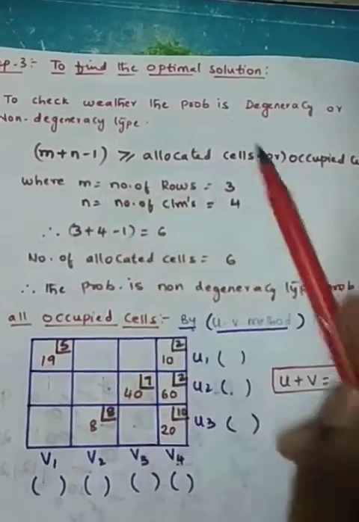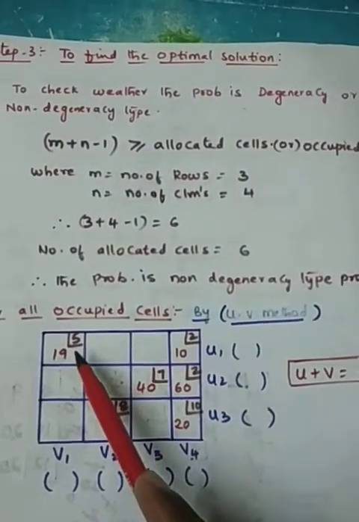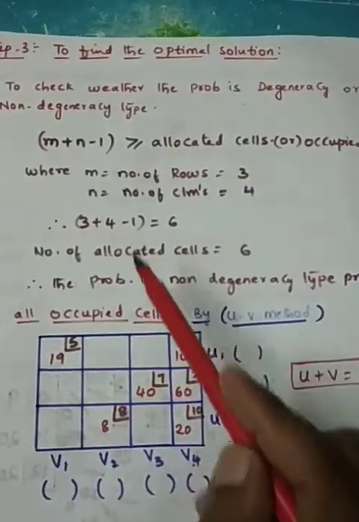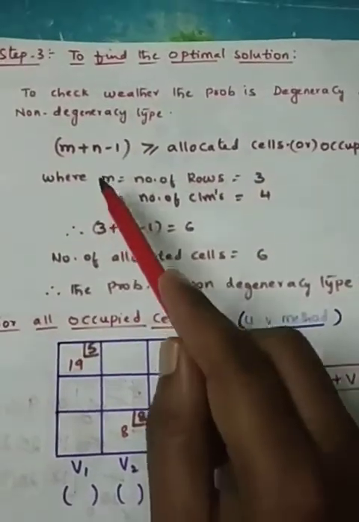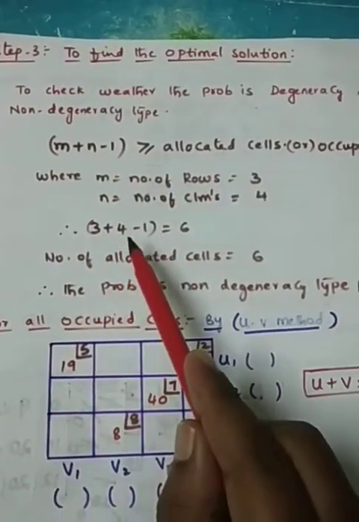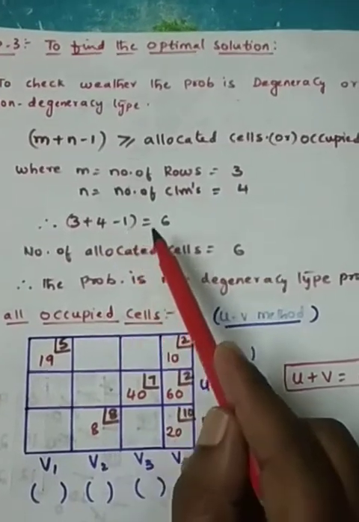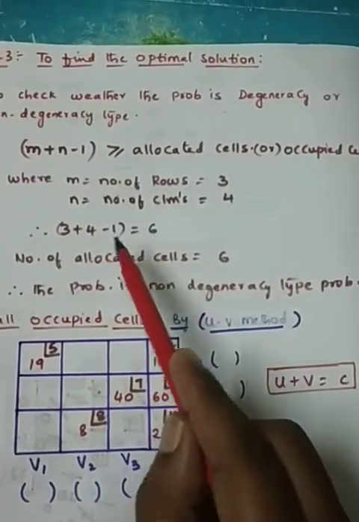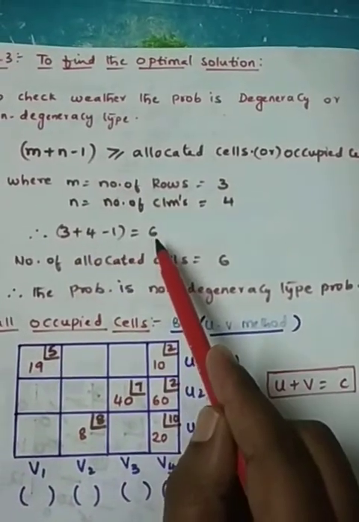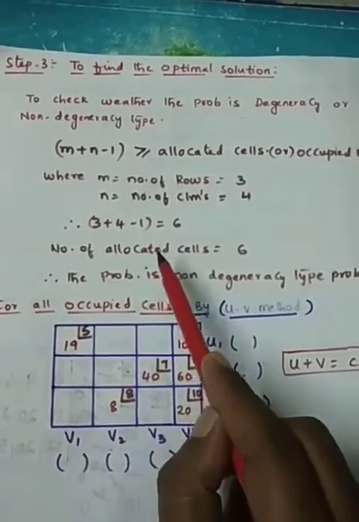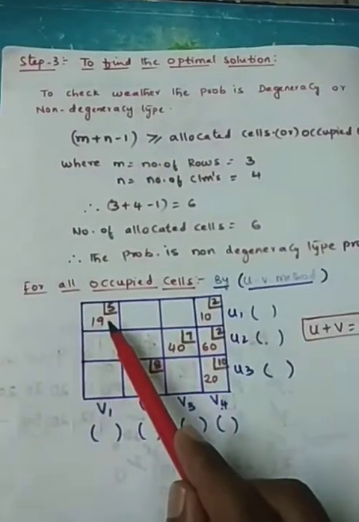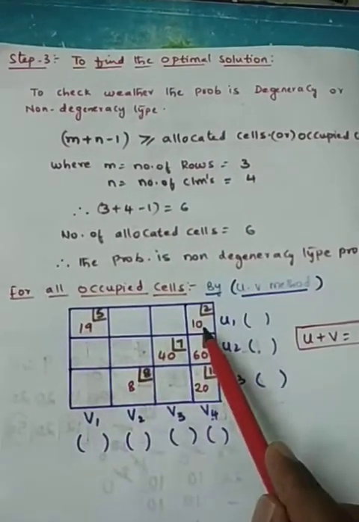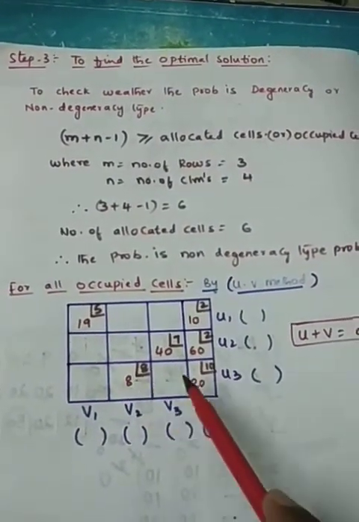According to the given problem, the number of rows is 3 and the number of columns is 4. So if I substitute these m and n values here, 3 plus 4 is 7, 7 minus 1 is 6. Now, what are the allocated cells or occupied cells we have? This is one, 2, 3, 4, 5 and 6.